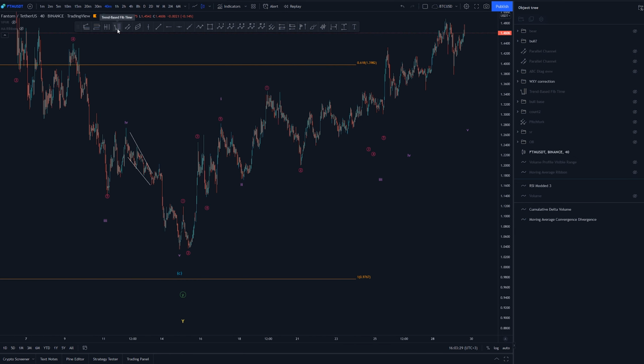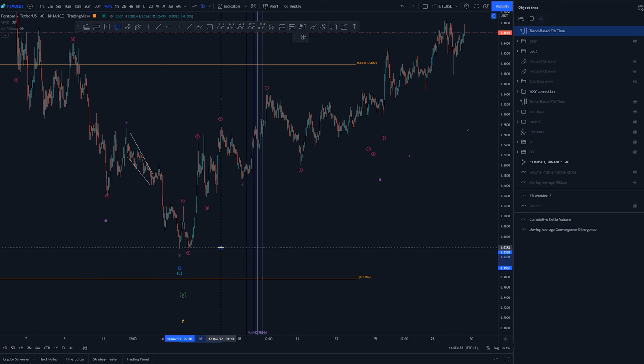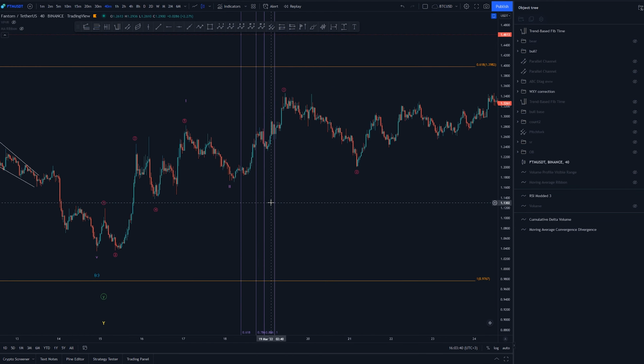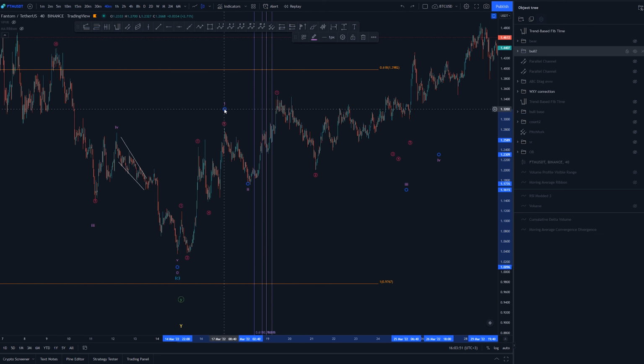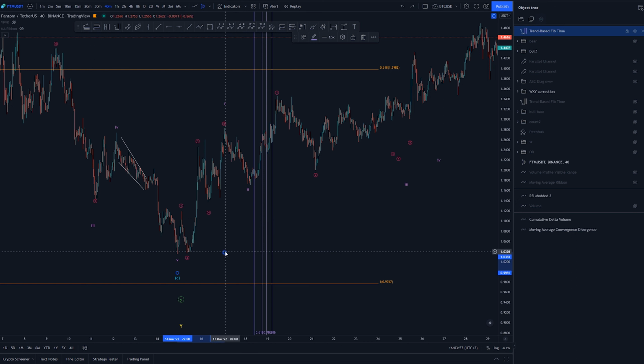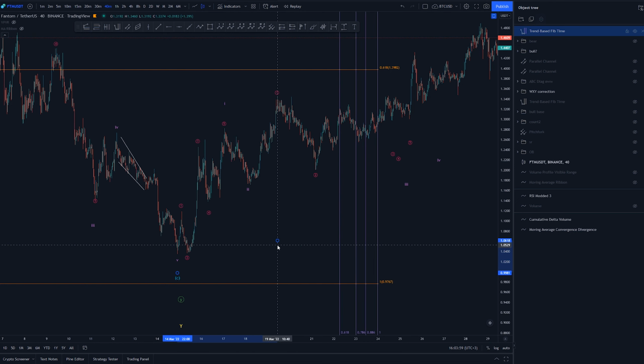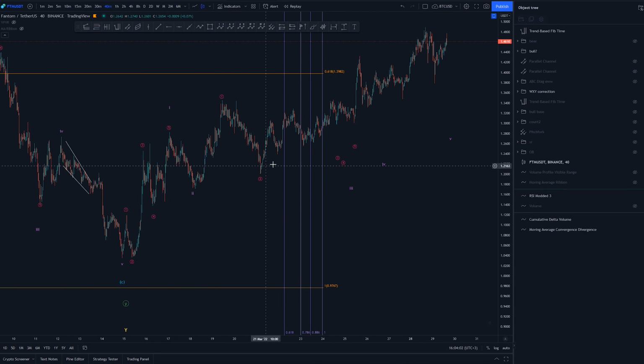Also, wave 2 shouldn't take longer than the previous wave, the wave 1, and their area goes here. So if we have wave 1 here, it would be unlikely to have wave 2 here, like so. Again, if we have wave 1 up here, then this definitely could be a correction, but it is now really short in time.